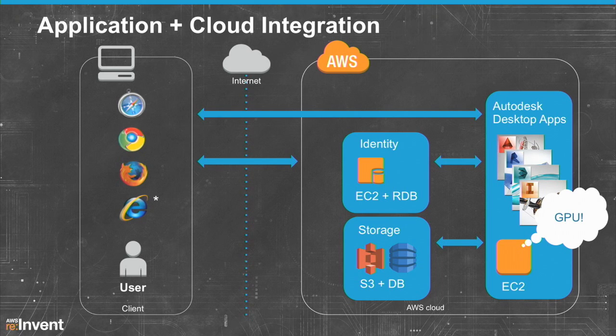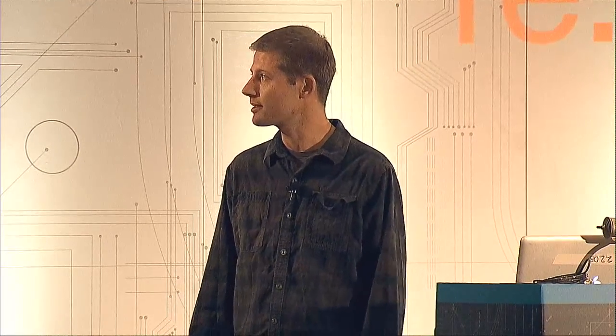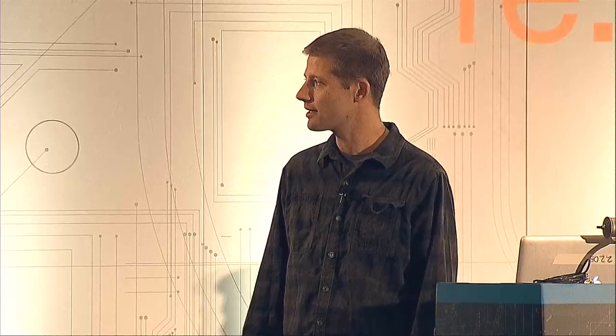So one final look at this architecture. You have your very thin player piece on the client, any client that has a browser. You have the apps running up in the AWS cloud, close to the data, accessible from anywhere, and backed by the other services.